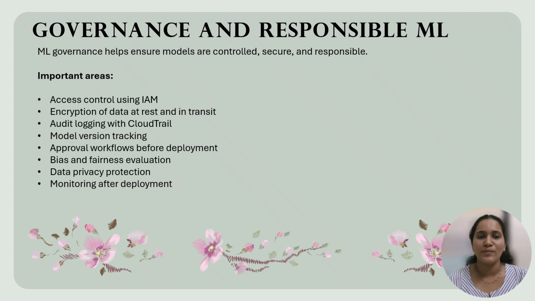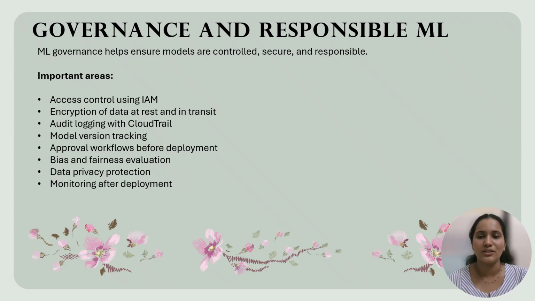Data should also be protected through encryption, both when it is stored, known as data at rest, and when it is transmitted on a network, known as data in transit. AWS CloudTrail provides audit logs that record user and system activity, helping organizations meet security and compliance requirements.